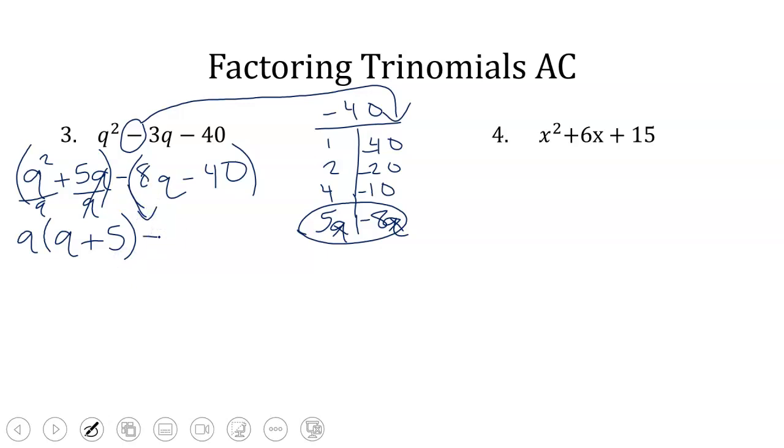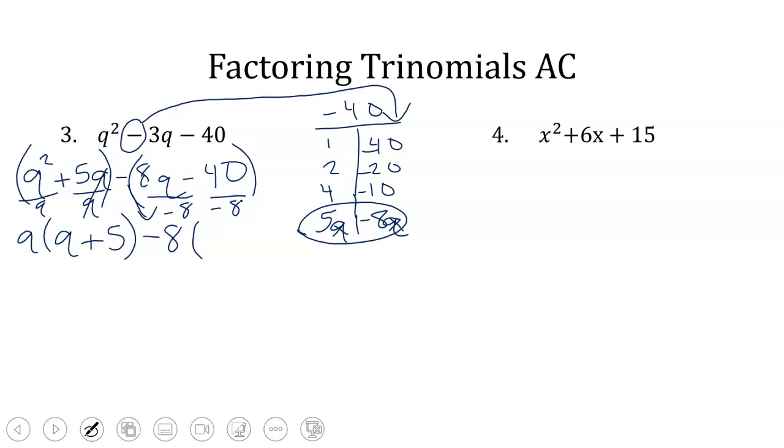Now remember, the middle sign is a negative. It's a minus sign, so it's going to change our GCF. So 8 and 40, what is the highest number that can go into both? Well, 8 can go into 40, so that is my GCF. So open your parentheses, but instead of writing an 8, we are going to write a negative 8 under the second group.